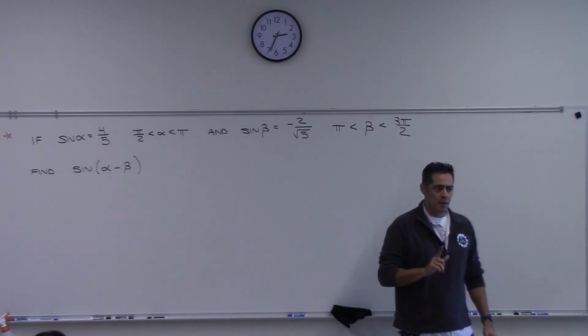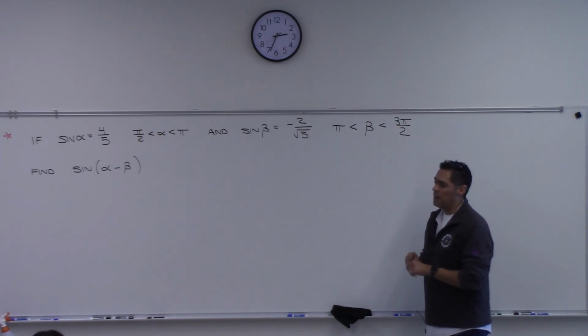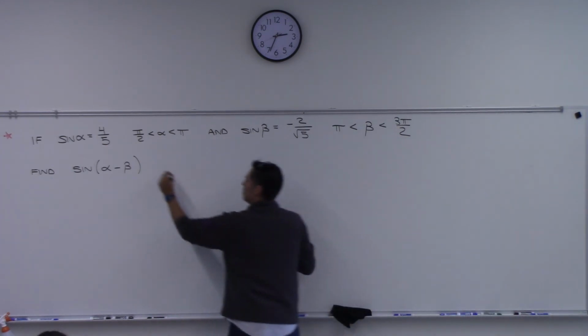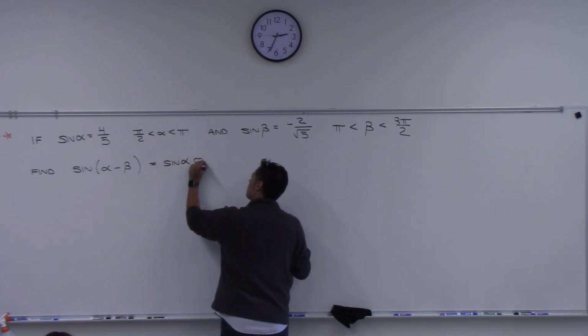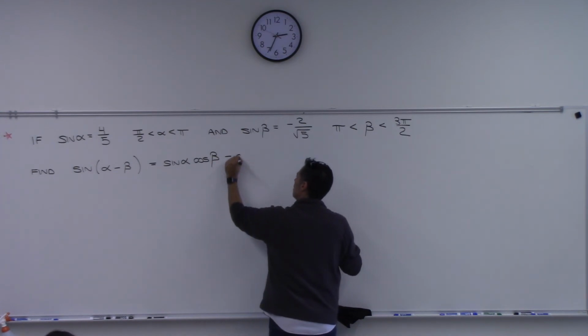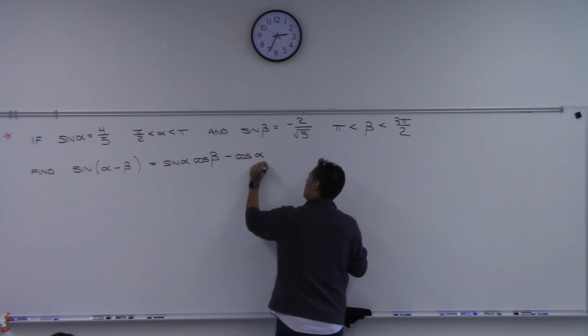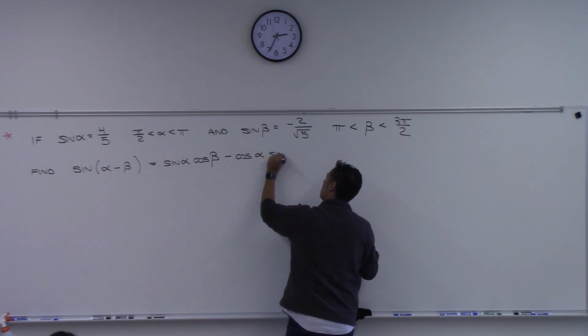So let's first go to the formula. What's the formula for sine of alpha minus beta? This is sine alpha cosine beta minus cosine alpha times, careful, sine beta.